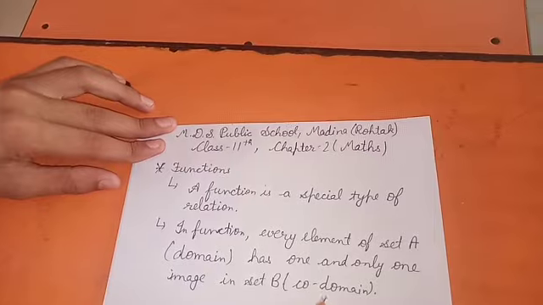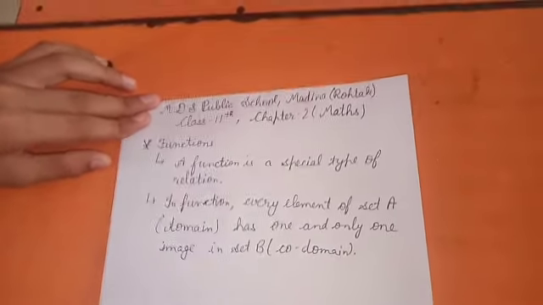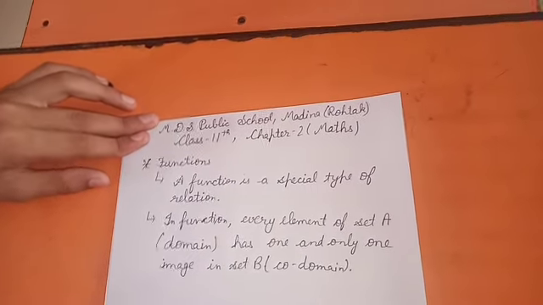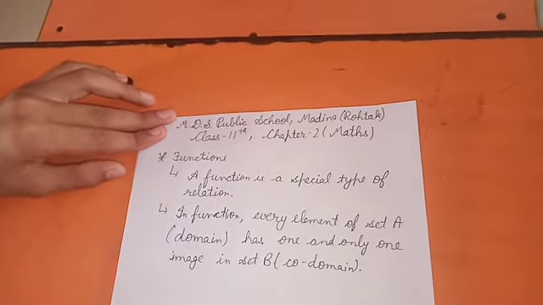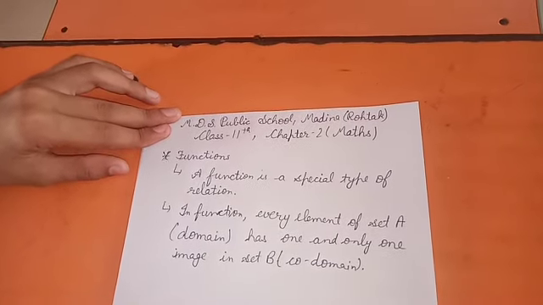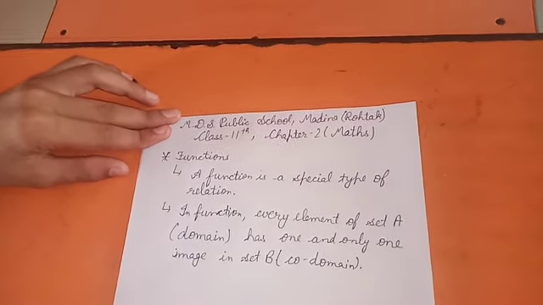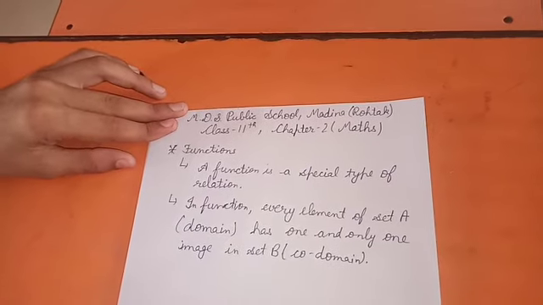Okay, in relation there can be many images of one element, but in function there will be only one image. This is the only difference between function and relation. Okay.